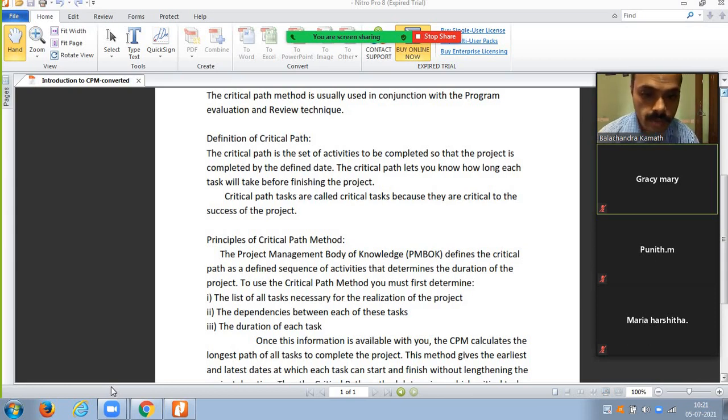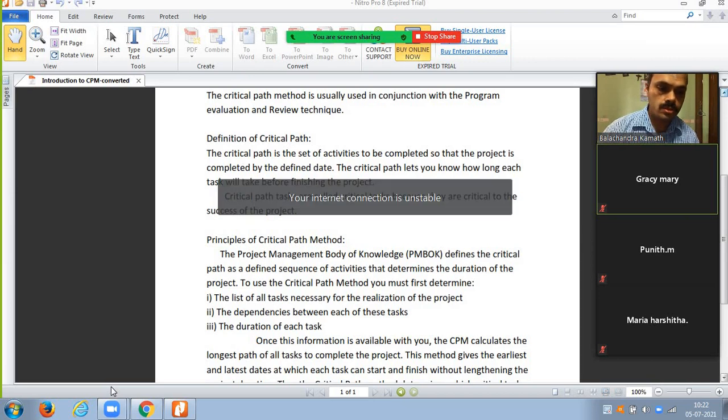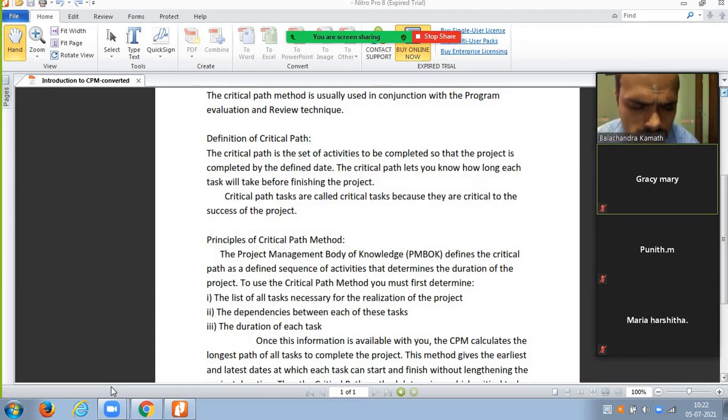Third is the duration of each task, meaning how much time each task takes. Let's take metro construction, for example. The first step takes say 2 months, so that is the third part, the duration of each task.